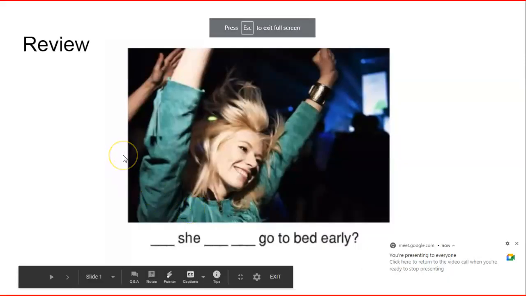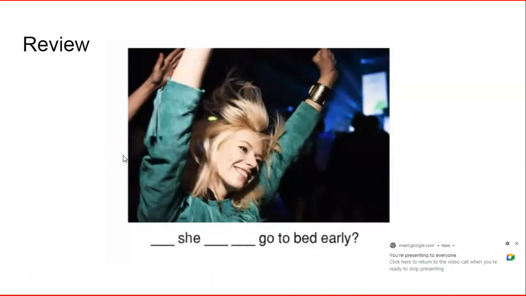All right, as you guys know, yesterday we were talking about used to and when to leave the D on it and when to take the D off. Esther, do you remember what the rule is with the D on used to?